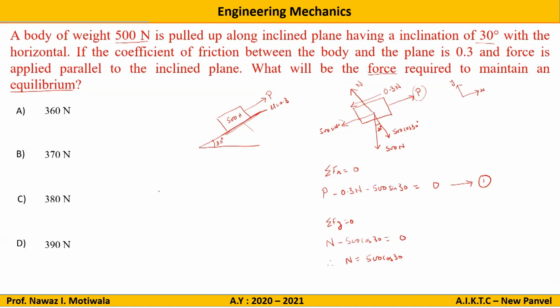Now put this value of N in equation 1, so I will get P minus 0.3 times 500 cos 30 minus 500 sin 30 is equal to 0. Now the only unknown in this equation is P. Solve this and get the answer for P as 380 Newton, which is option number C. This is the correct answer.